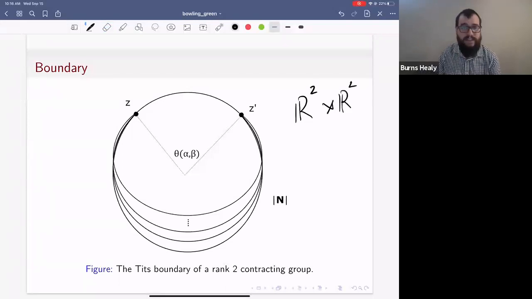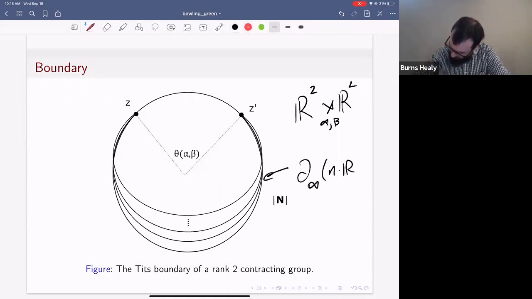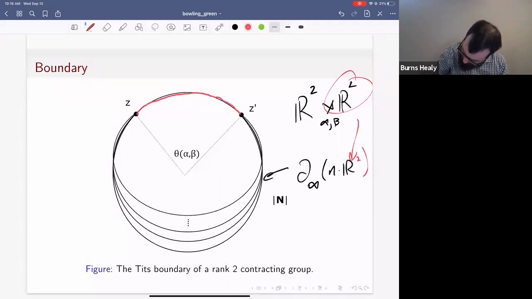This is the simplest case that's not a Heintze group, with two derivations alpha and beta. The Tits boundary will end up looking like this: a bunch of circles, which are the boundary at infinity of the cosets of this subgroup here, and they all get glued together along this special arc here.